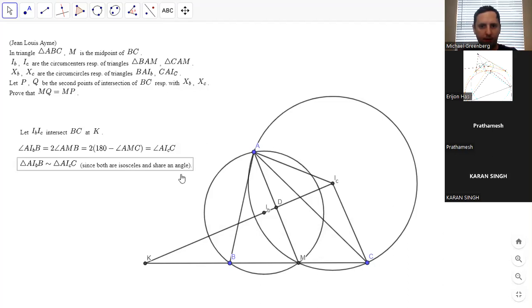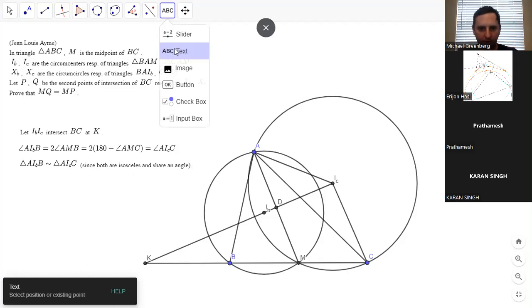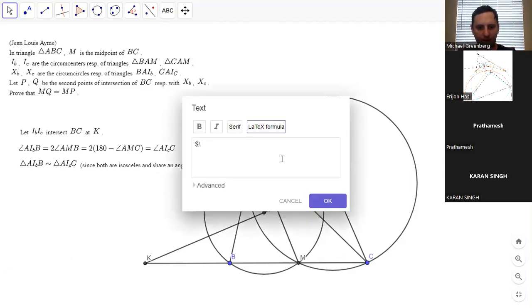It's weird because I thought, so I'm going to finish writing up the solution. So that basically implies triangle AIBIC is similar to triangle ABC.